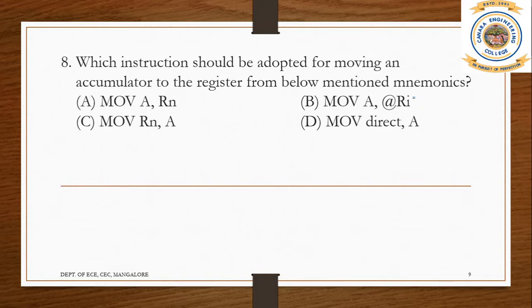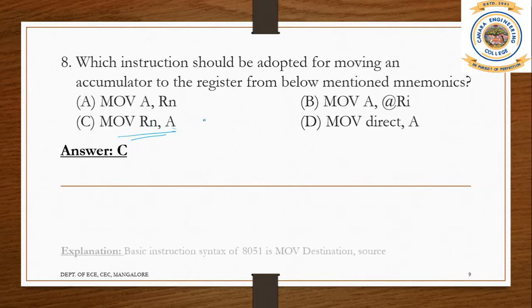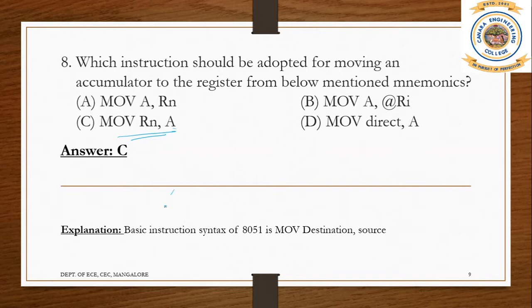The value to which the address is pointing will be moved to the accumulator. Then you have MOV Rn, A, where the content of the accumulator will be copied to the register. Then MOV direct, A, where the content of the accumulator will be moved to some direct address. So here the answer is C, because the content of the accumulator will be moved to a register.